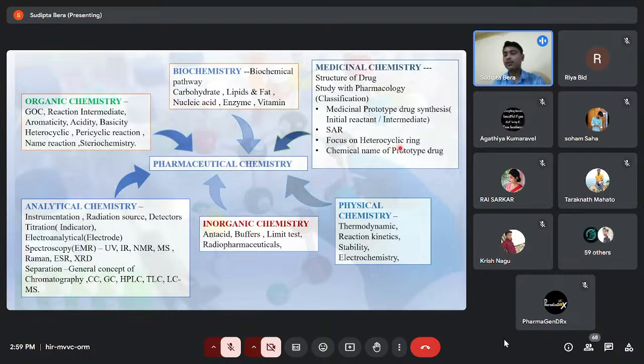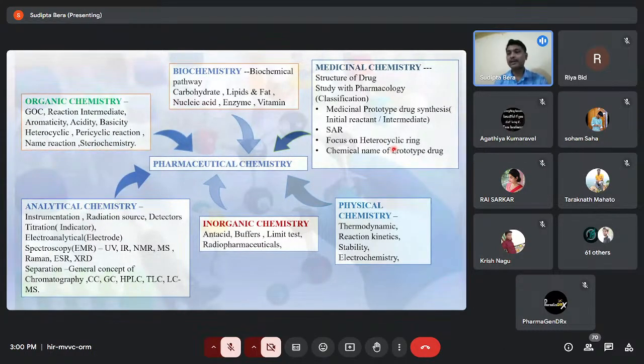And focus on heterocyclic rings. You already understand heterocyclic rings from organic chemistry, and that will help, because the majority of drugs have heterocyclic rings, not every drug. So if I ask about barbiturates, what heterocyclic ring is present in barbiturates?